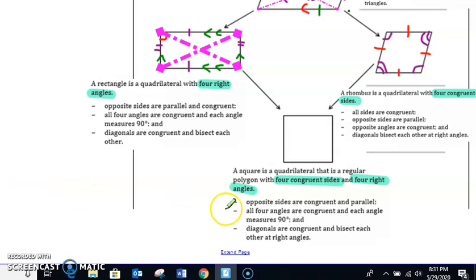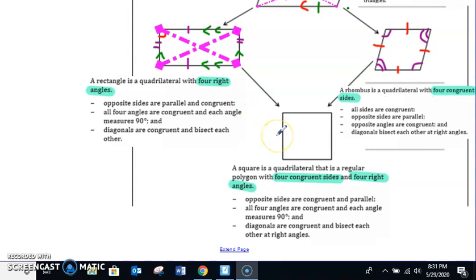Some other things that are important about the square is that the opposite sides are congruent and parallel, which makes sense because if all four sides are congruent, of course the opposite sides are congruent. But it is also important to note that the opposite sides are parallel.